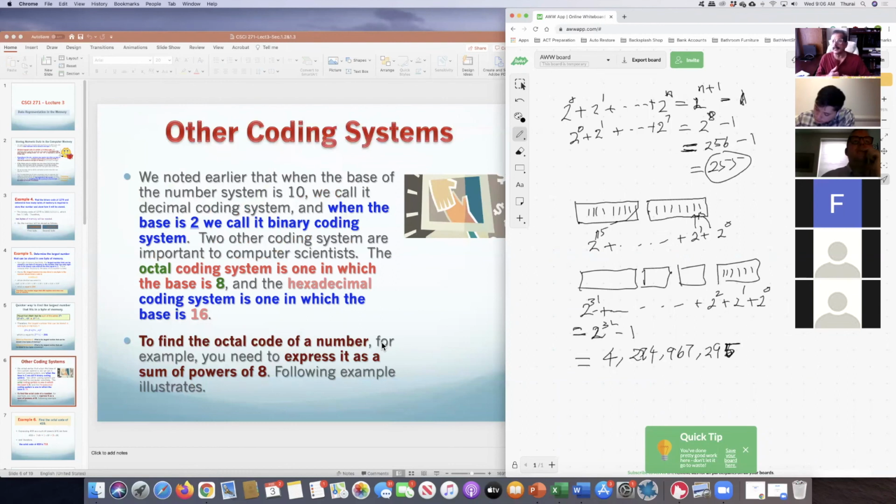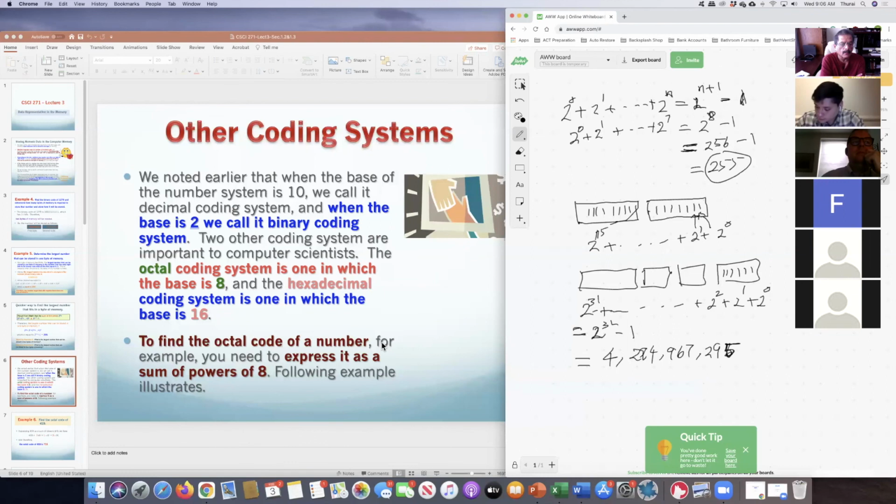The other coding systems are our next topic. We went over the decimal coding, which is what we normally use, and we understood the details of why decimal coding and how exactly the numbers are coded in it.